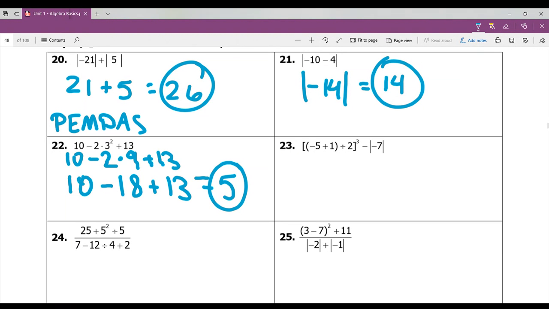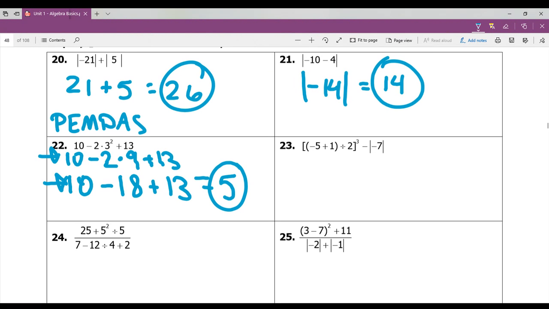Yep, 5. Okay? And honestly, guys, once you get to this line, or even here, open up the Desmos Scientific Calculator and type that in. There's no reason you should miss an order of operations problem.